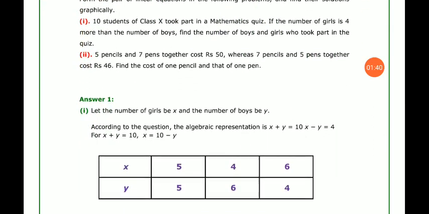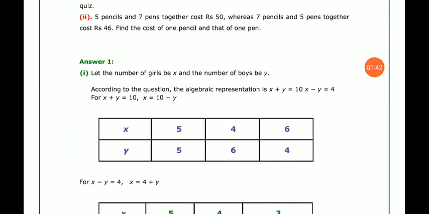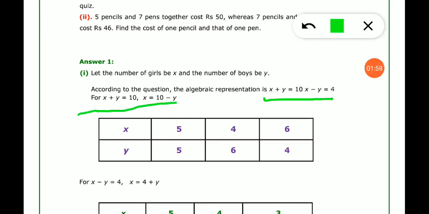Now moving further, since we have represented it algebraically, now we have to make the graph. These are the two equations which we got. Now for making the graph, for the first equation x plus y is equal to 10, we take x is equal to 10 minus y.